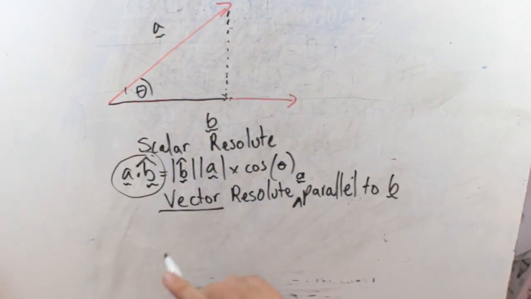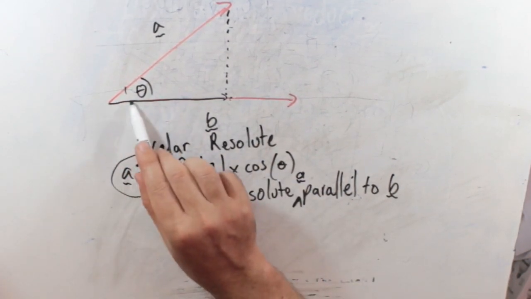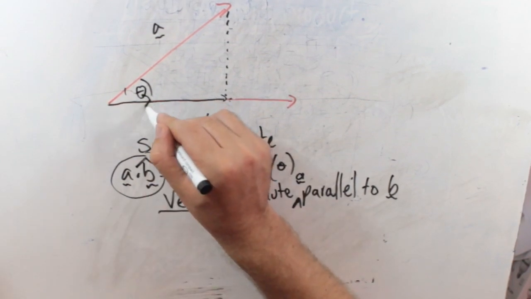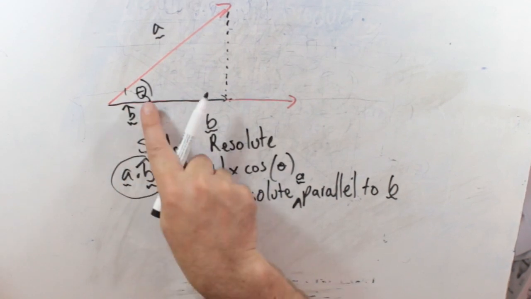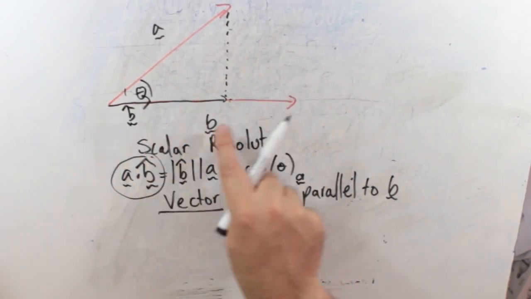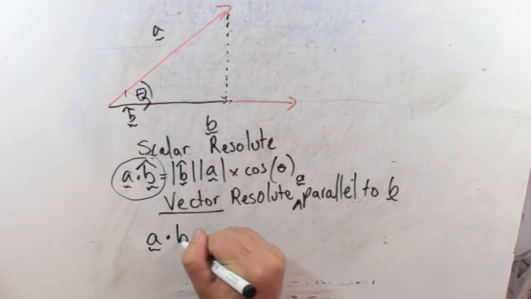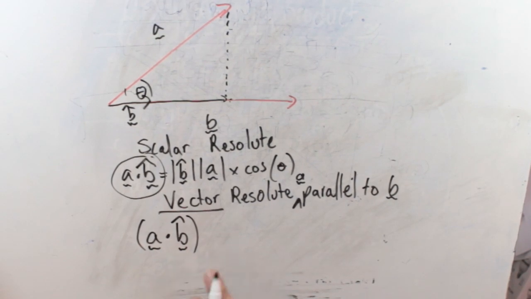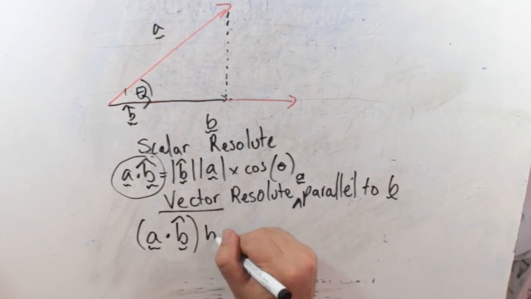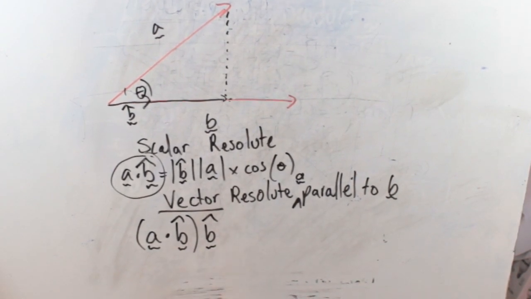So if this length was 5, for example, multiply it by the unit vector B, which is in the same direction as B, then that'll scale this unit vector up by 5, and it'll be the vector I'm after. So the vector resolute is just A dot B hat, which gives you a scalar, and you're scaling up the vector B hat by it.